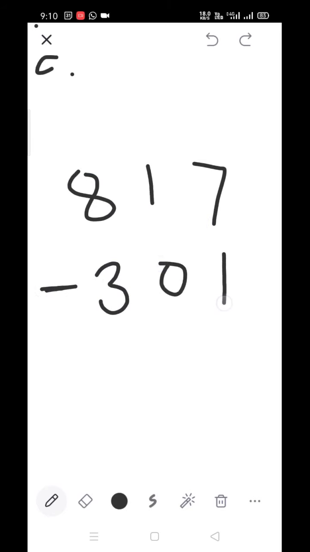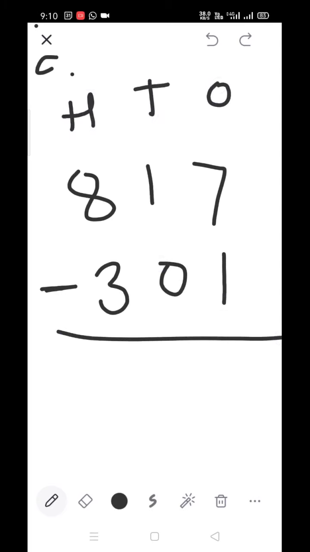C is 817 minus 301. Places: ones, tens, hundred. Start the subtraction from the ones place. 7 minus 1, 6.